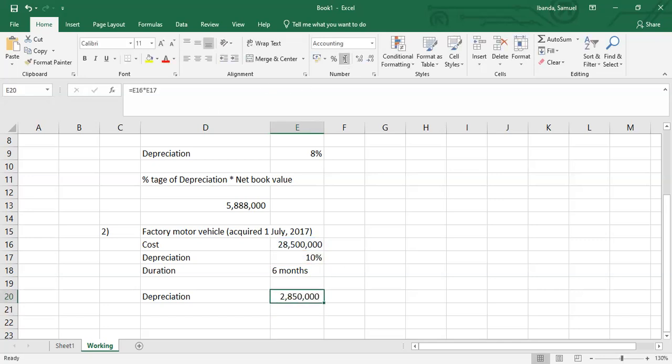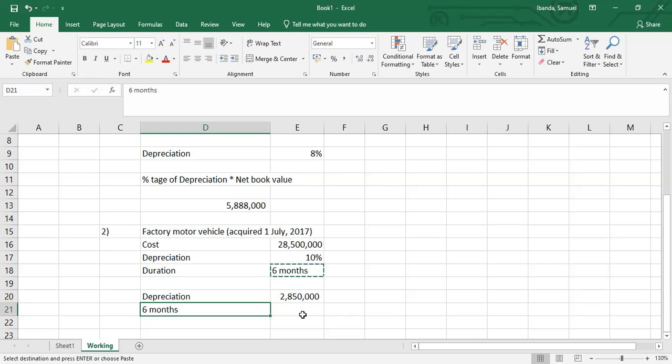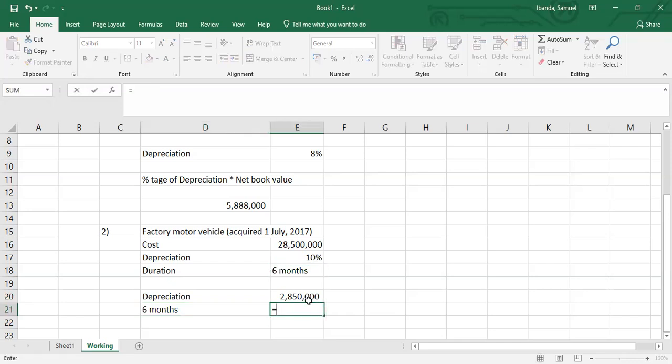And if I only want the depreciation for 6 months, it will be this value that I have gotten here multiplied by 6 divided by 12, a half of the year, which gets me to 1425. That is what I basically have.